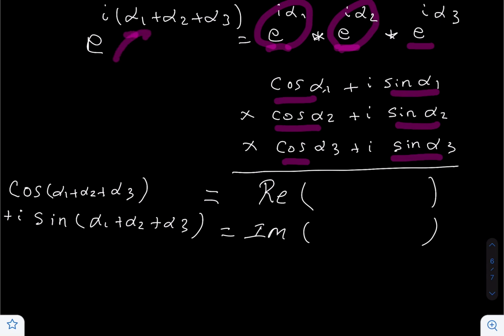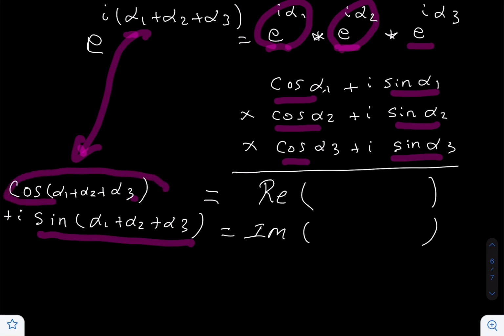This one here, its real component is the cosine of the three angles plus i times the imaginary part, which is the sine of these three, and you equate the real part right there with the real part of this multiplication, and that would be, for example, cos of theta 1 times this one. And then of course you need to have cross terms that cancel the i's.